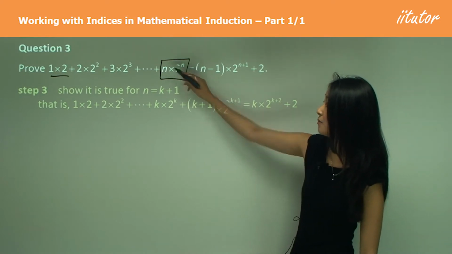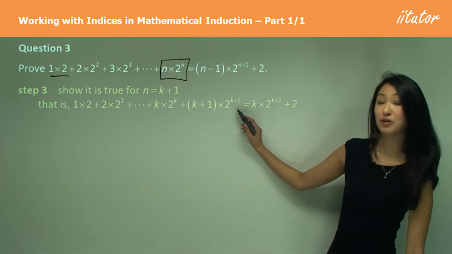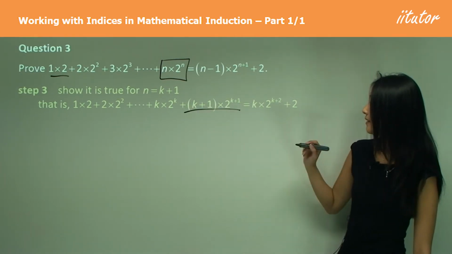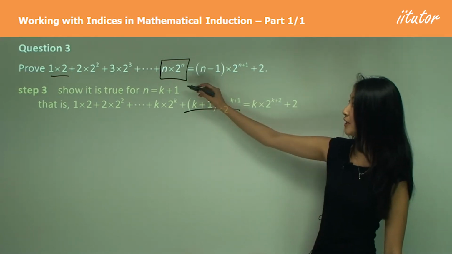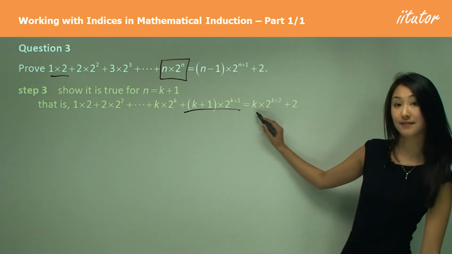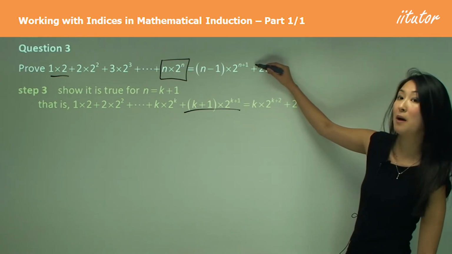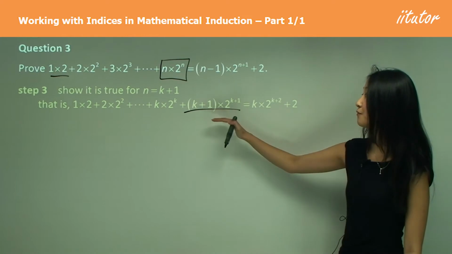So instead of n, we have k plus 1. And instead of 2 to the power of n, we have 2 to the power of k plus 1. So this is our additional value. Now on this side, what I've done is substituting k plus 1 into here. We have k plus 1 minus 1, so that just leaves us with k. Can you see that? And then here we have k plus 1 plus 1. That's why we have k plus 2. And that's how we form this equation.